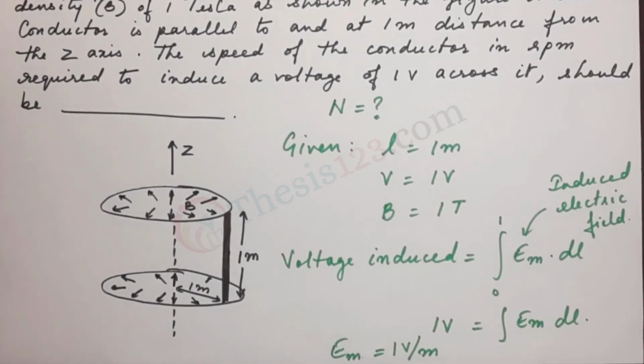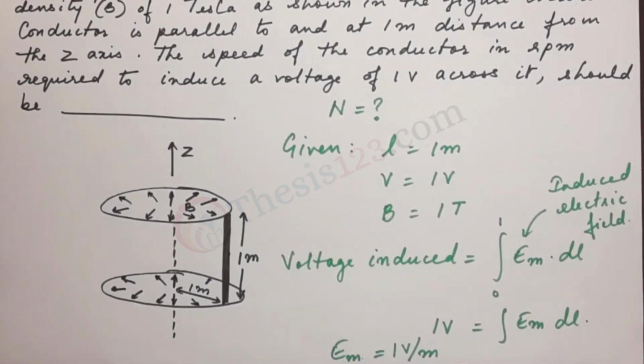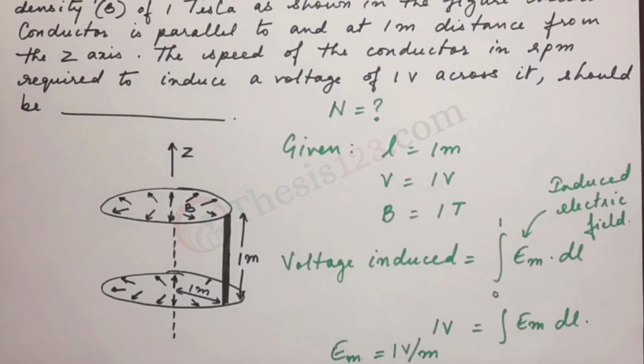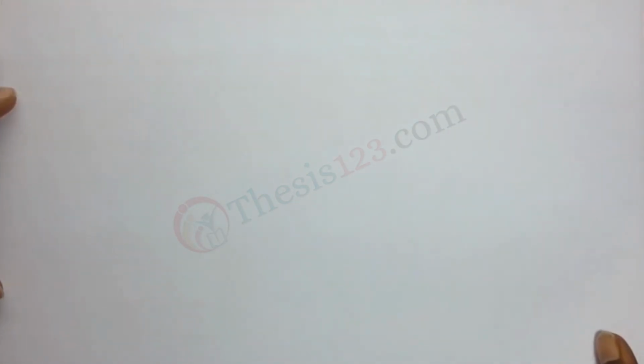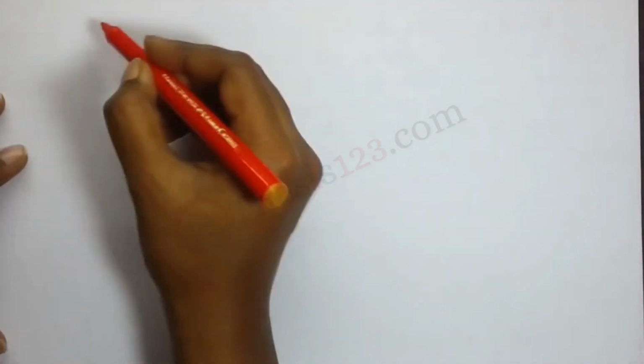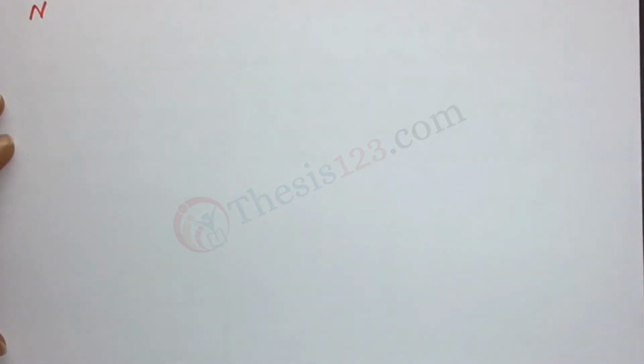Now EM in terms of velocity. Now we will have to write it in terms of velocity. I'll explain why. Now we need the speed as n.